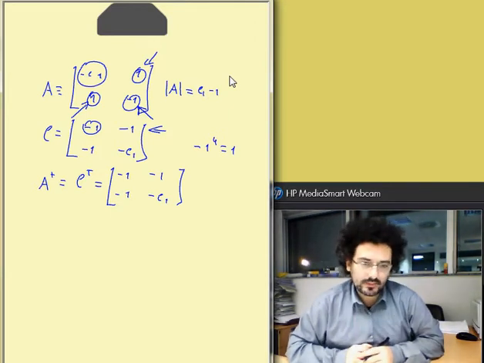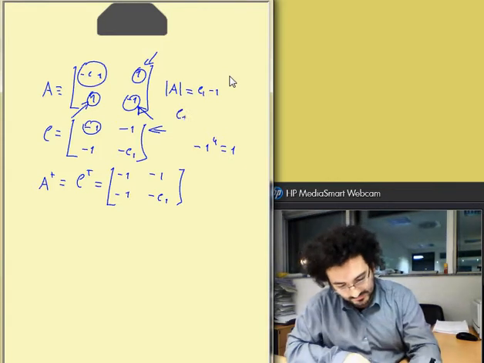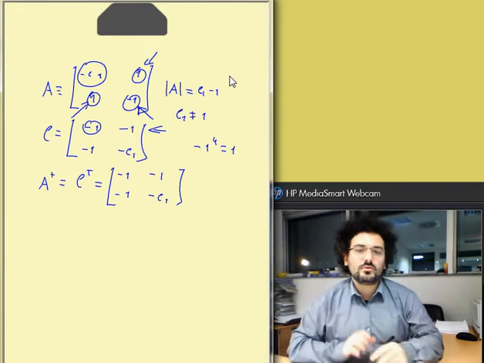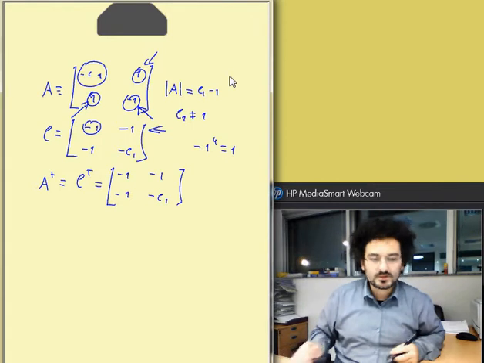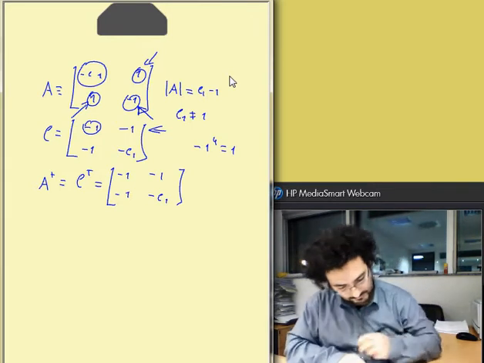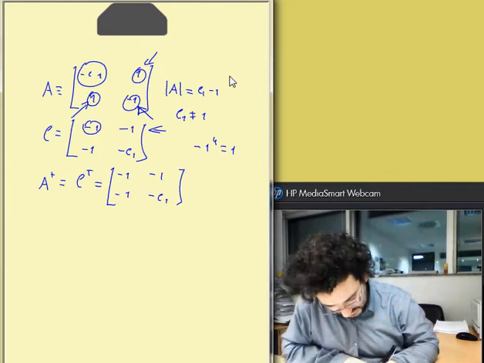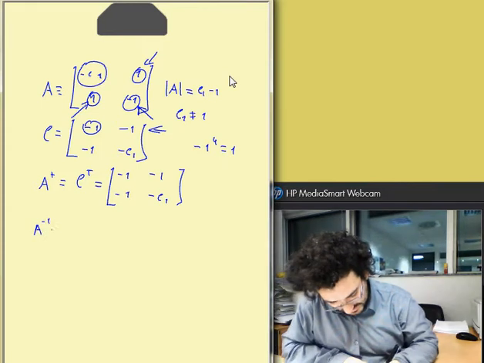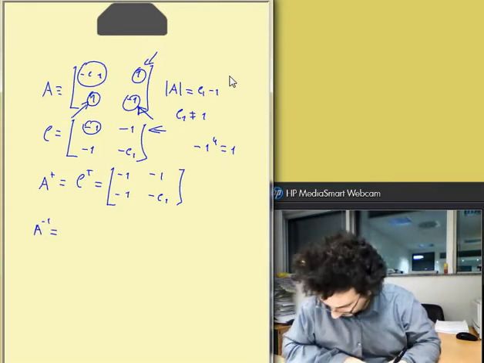So C1 must be other than 0, because in order to compute the inverse of a matrix, the determinant must be other than 0. And now the inverse of matrix A is given by what?